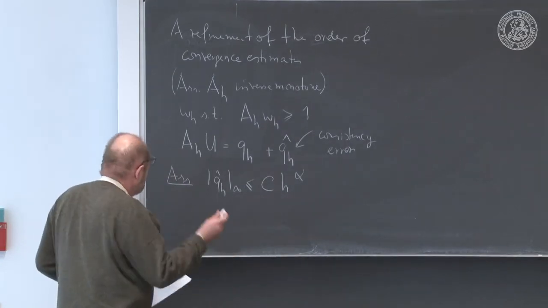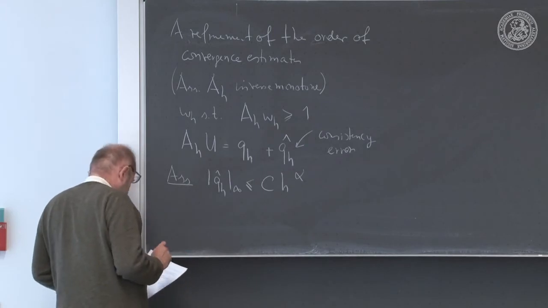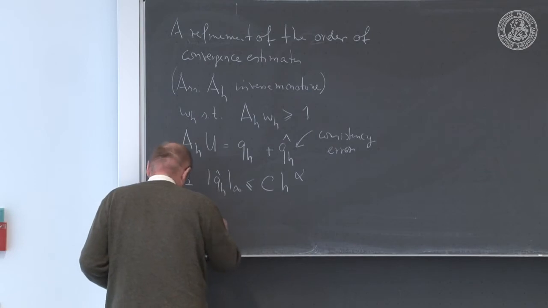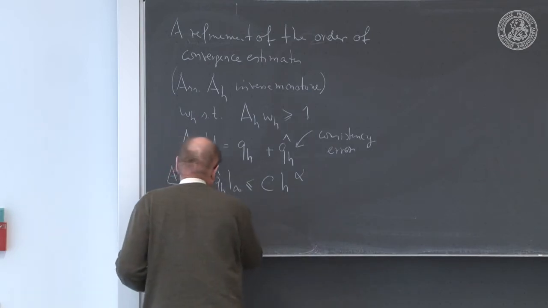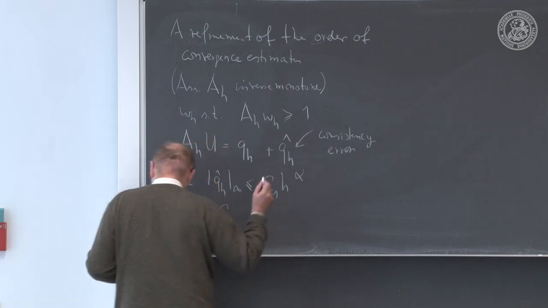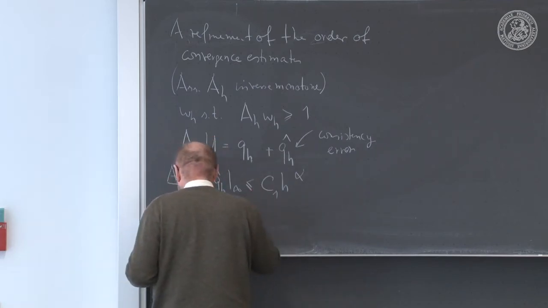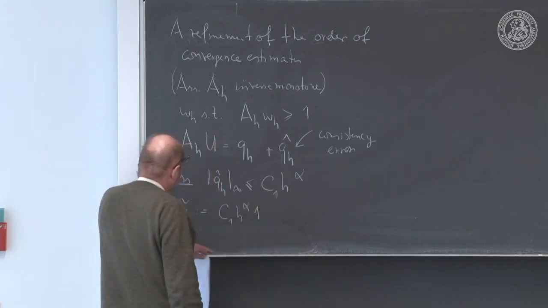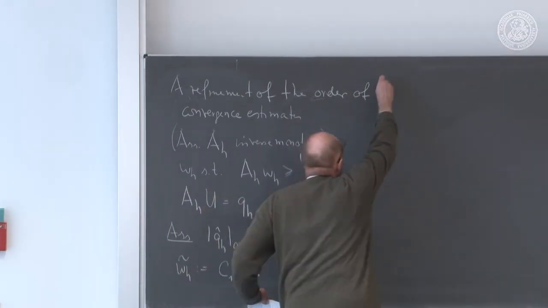So now let's modify our argument a little bit by looking at a function w tilde, where we just take this w but scale it, let's call this C_1, as I had it also C_1 here, scale it with this factor here. So what does that mean?